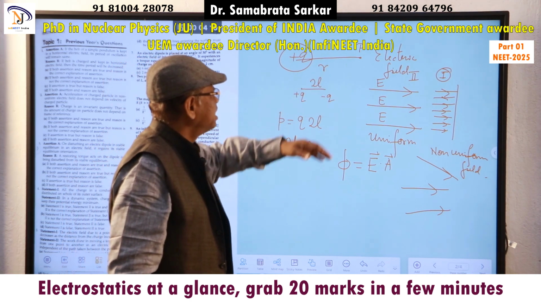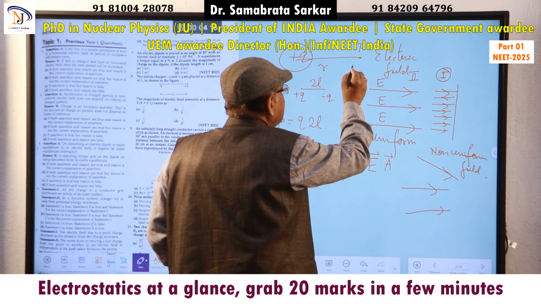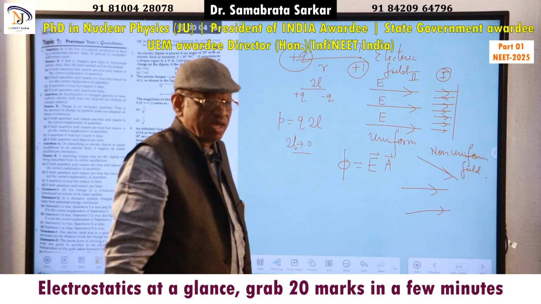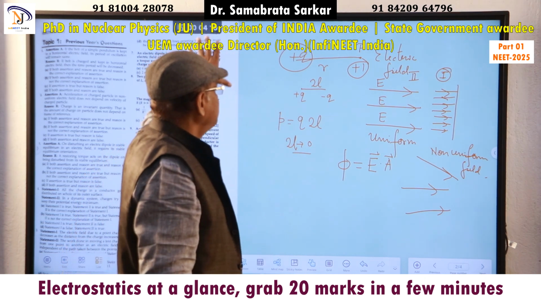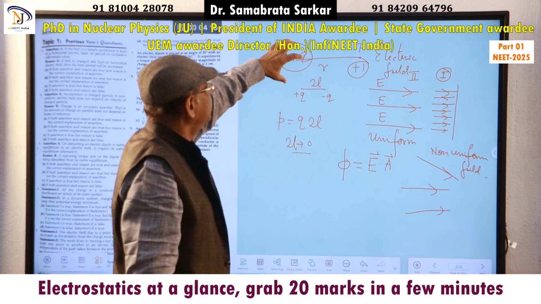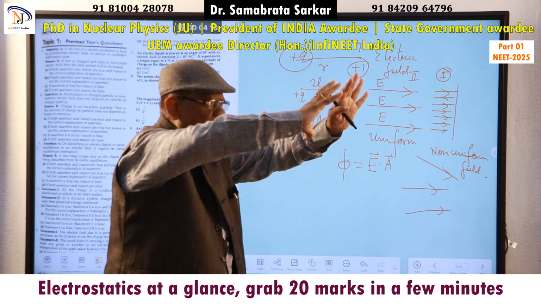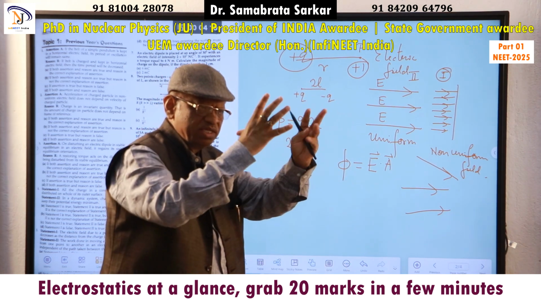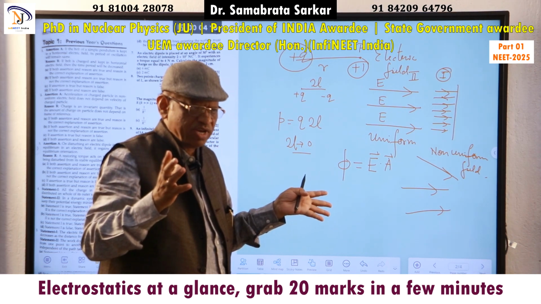Suppose the point is here, where you want to find the field intensity. There you have to consider one unit positive charge. Due to the presence of a charge, a region is influenced by it, and that is the jurisdiction of the electric field.